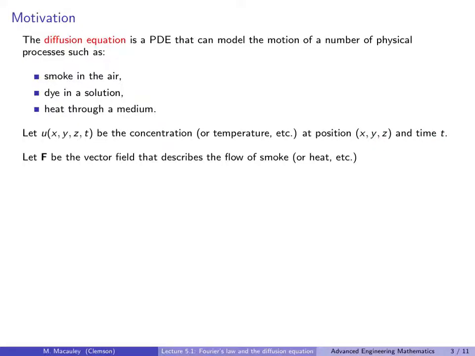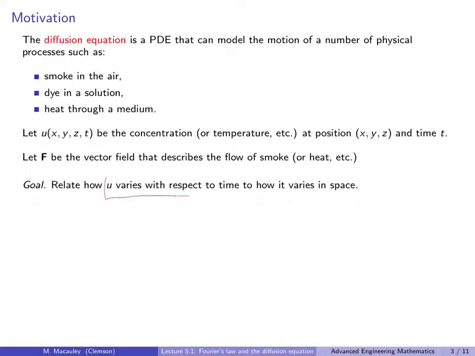Let f be the vector field that describes the flow of smoke, or dye, or heat, or whatever material we're looking at. Our goal is to relate how the concentration u varies with respect to time to how it varies with respect to space.